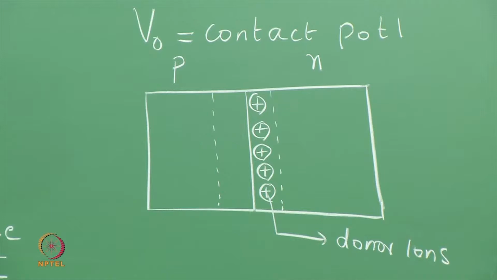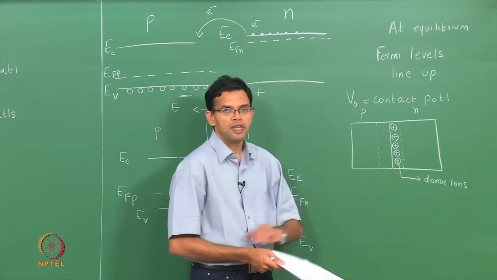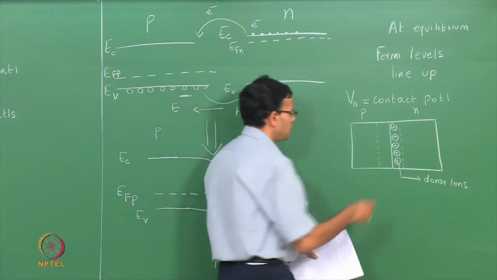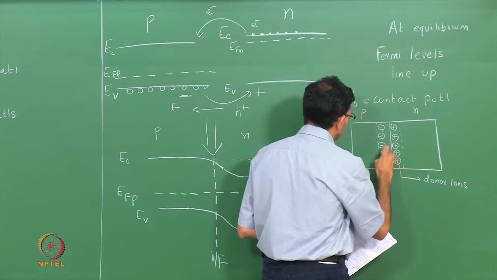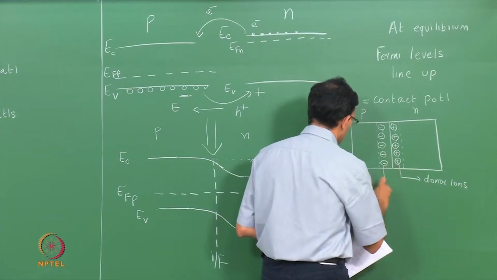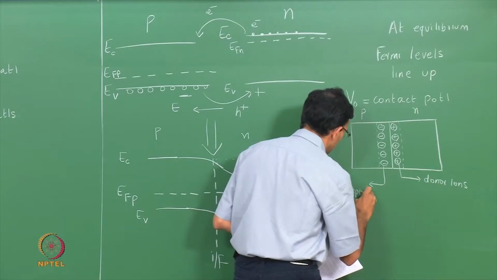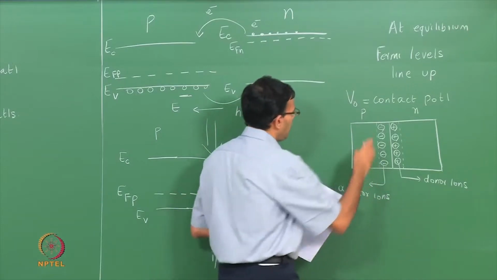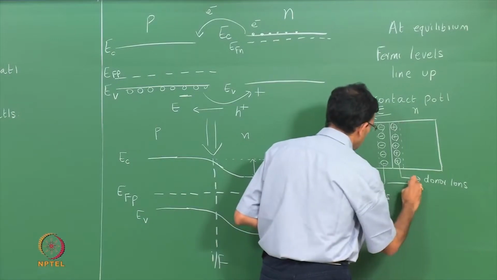Similarly, there is a net negative charge on the P side, because the holes from the P side move to the N side, leaving behind your acceptor ions, and the acceptor ions are negative. Which means you have an electric field E and a built-in potential V naught.